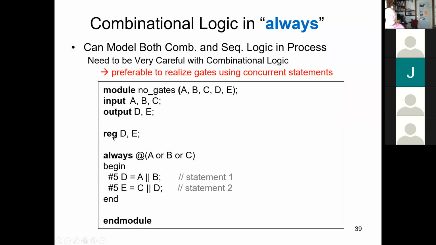In this case, they're not going to result in a register, but we have to call them registers because we're going to put them on the left-hand side in this always block. And remember, in an always block, the left-hand side must always be a register. So that's why it's set up this way. Now, notice here, they didn't use commas. They used that R notation. So don't use that.